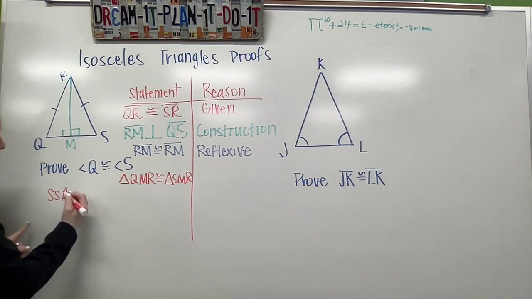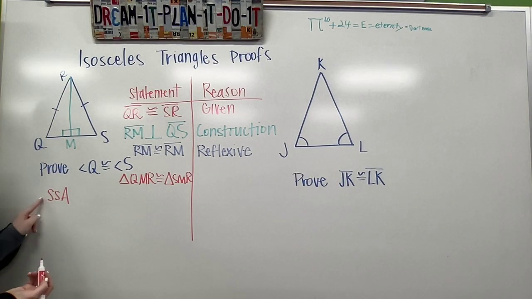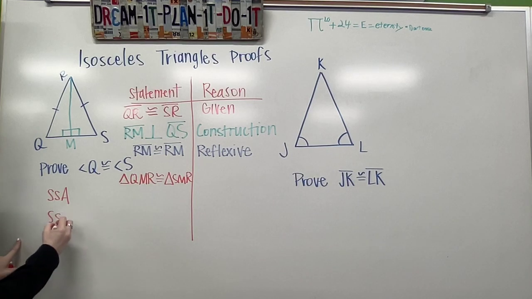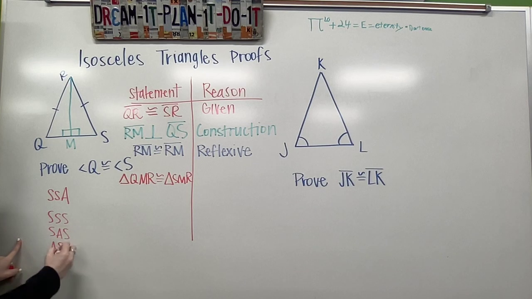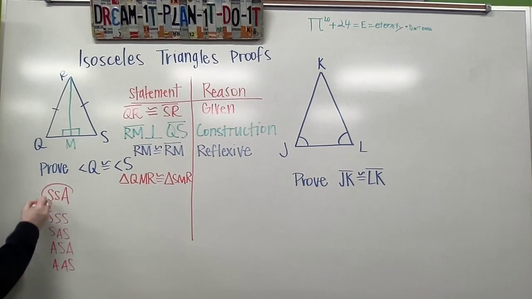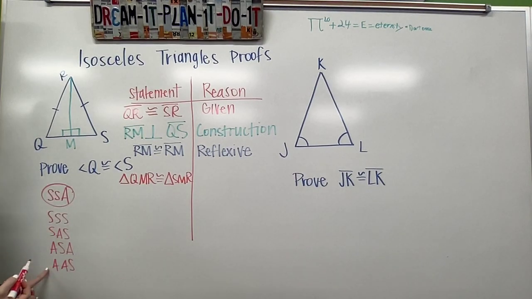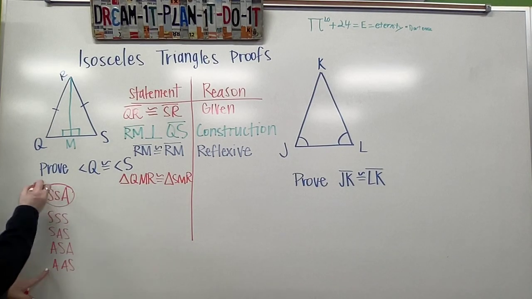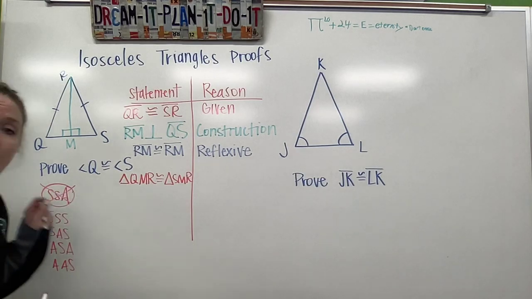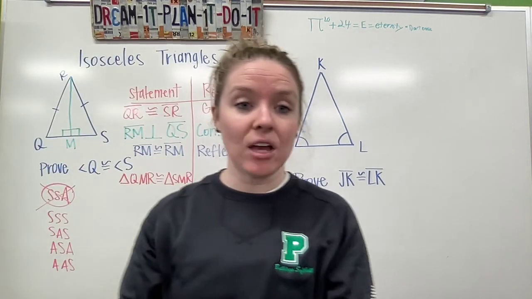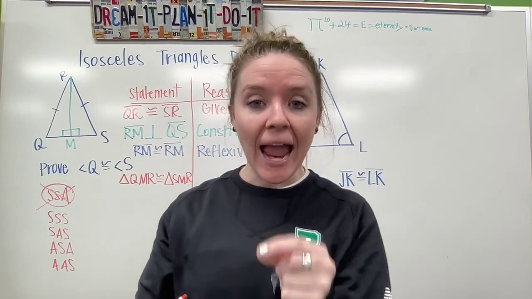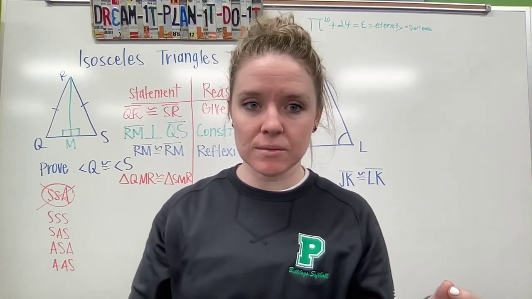But if you remember in a previous video, I said that we can't use side-side-angle. We have side-side-side, side-angle-side, angle-side-angle, and angle-angle-side. This isn't one that we can use. Remember, no swearing and no screaming. This doesn't work. The only time side-side-angle works is if our angle is 90 degrees.